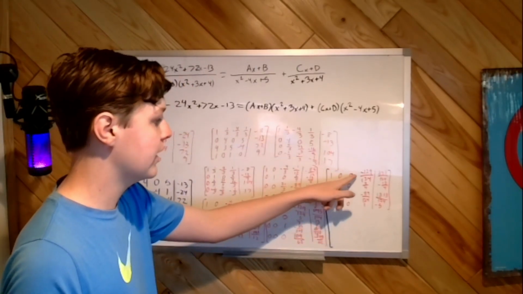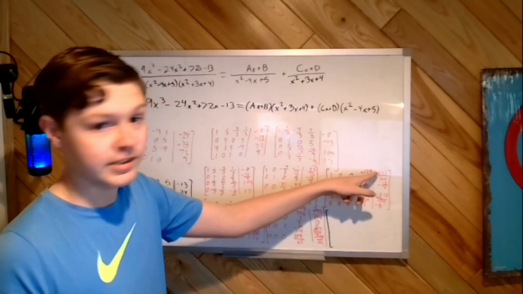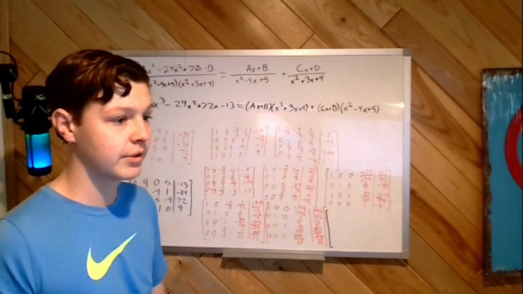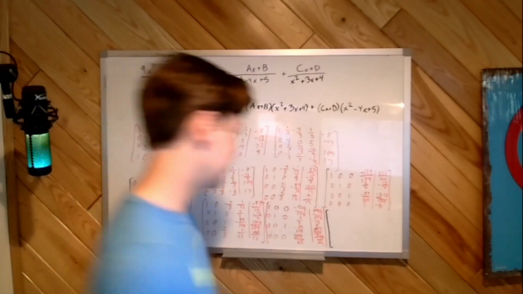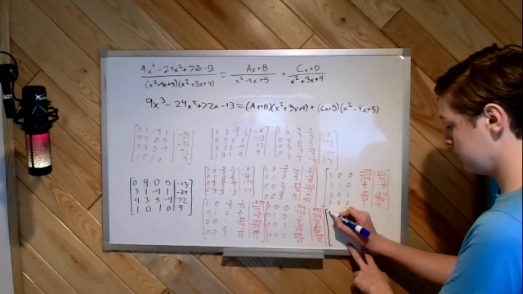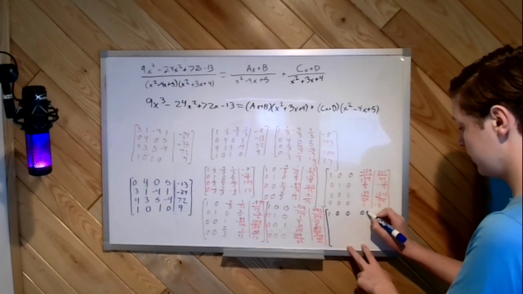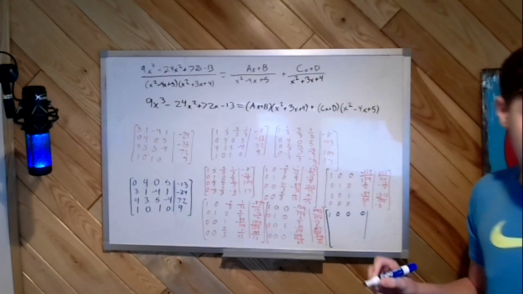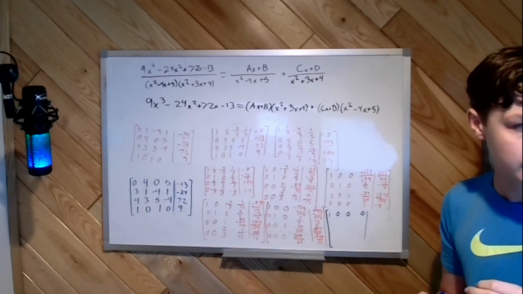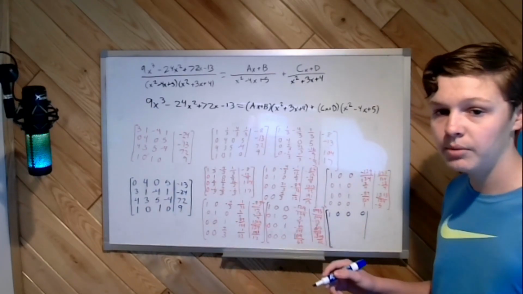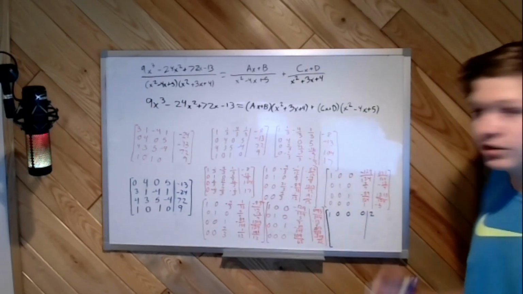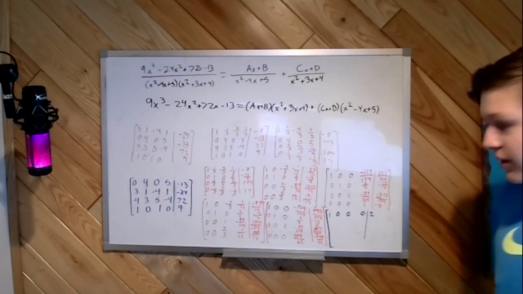This is going to cancel this and make it a 0, and it's also going to simplify this quite a bit, and you're going to see that it really is simplifying. So now we get 1, 0, 0, 0, and then our final number is 2. That's it. Look at that.